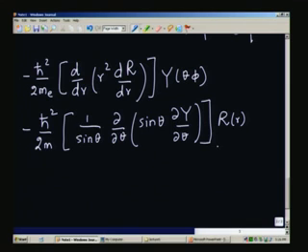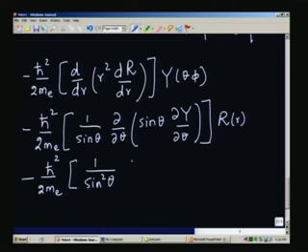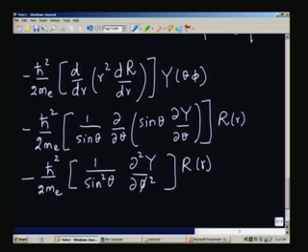And likewise for the other angular part, minus h bar square by 2 me, mass of the electron, 1 by sin square theta ∂²Y/∂φ², and of course this is also multiplied by the radial part. This is all of the kinetic energy acting on the wave function.